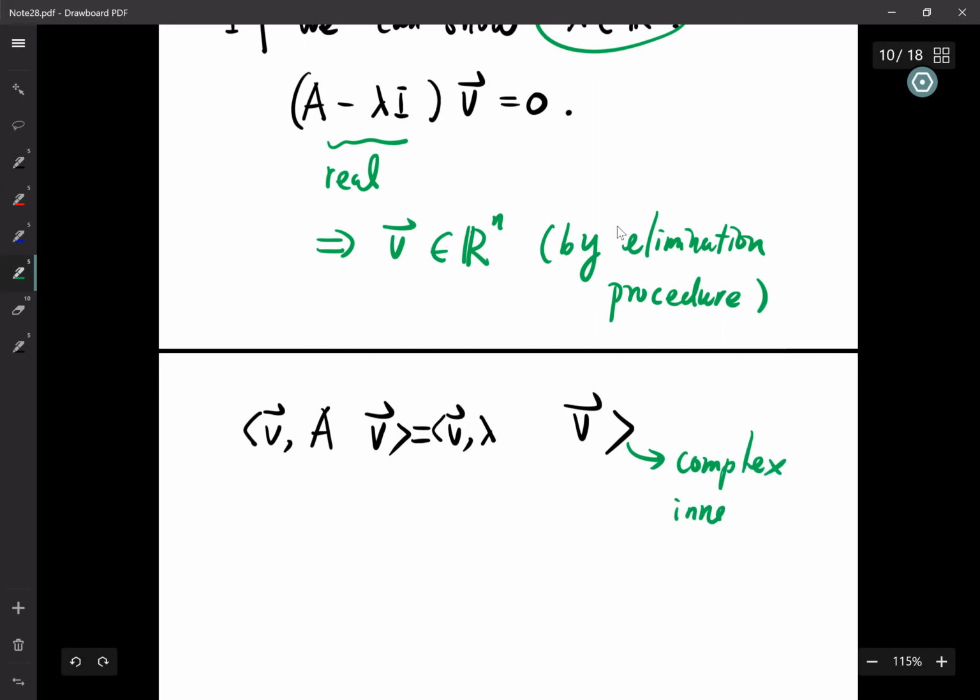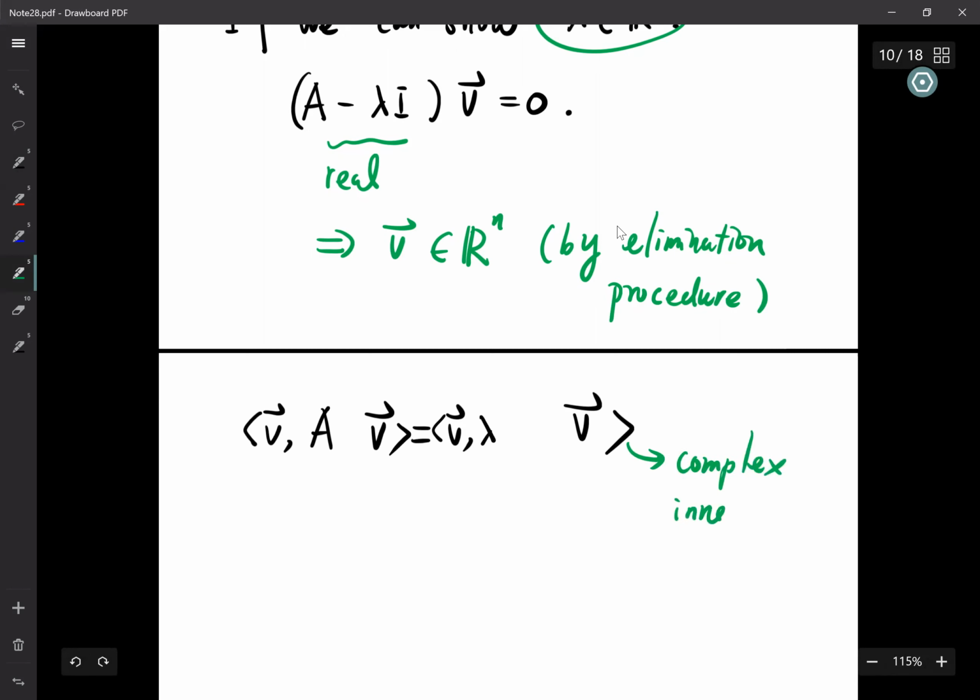So therefore, this star means just a complex conjugation, if you really view that as a number. On the other hand, star is not really just a complex conjugation, but you do both the complex conjugation and the transpose.